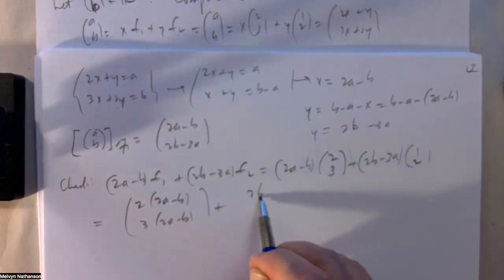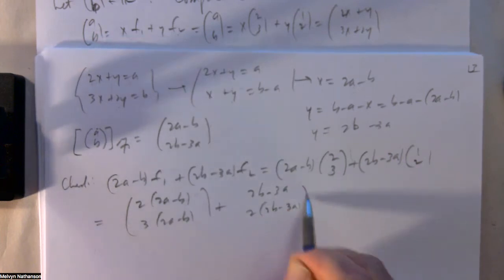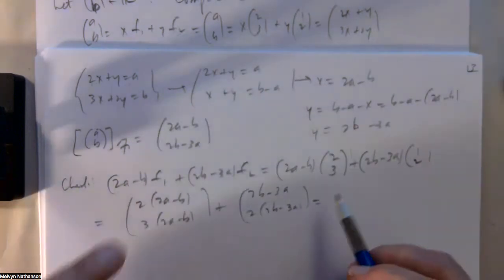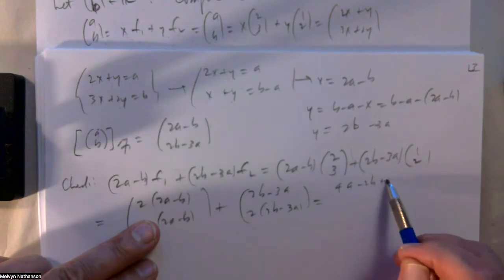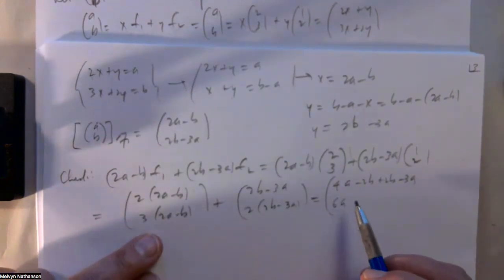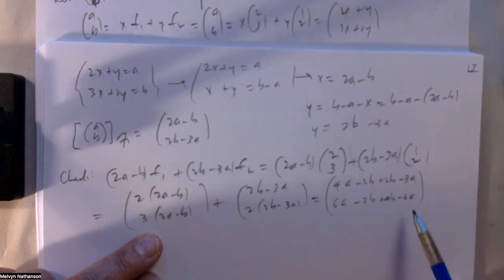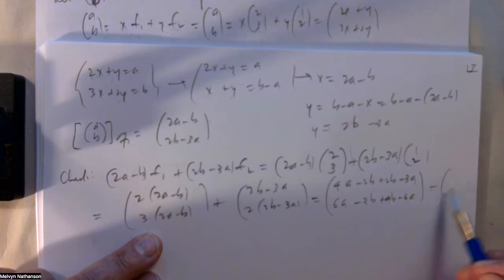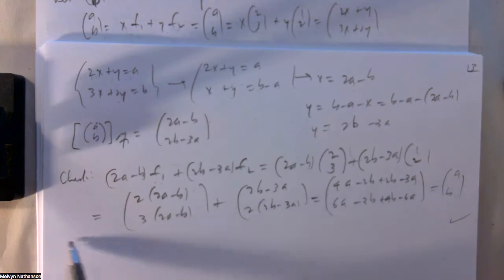And this is (2b minus 3a), 2 times (2b minus 3a). So what is that? This is 4a minus 2b plus 2b minus 3a. And this is 6a minus 3b plus 4b minus 6a. So here everything cancels. I'm left with a and b. So this is correct. This linear combination of F1 and F2 gives me the vector (a, b).